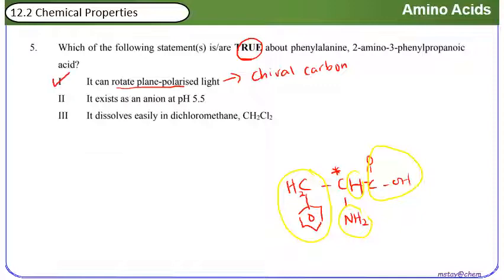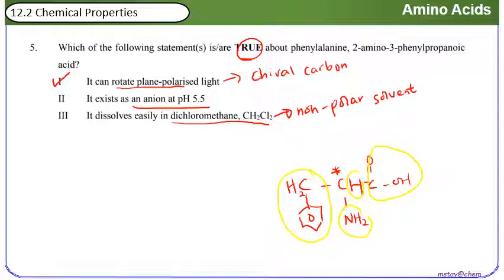It exists as zwitterion at pH 5.5. Since we have not known the pI value, it is not easy to identify. We can identify what is the pH value at the zwitterion. So it dissolves easily in dichloromethane. Dichloromethane is an example of non-polar solvent.